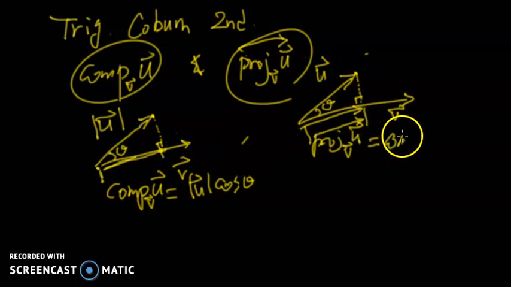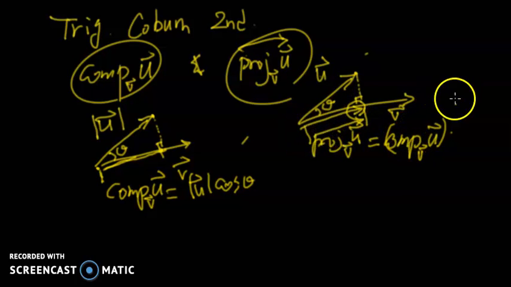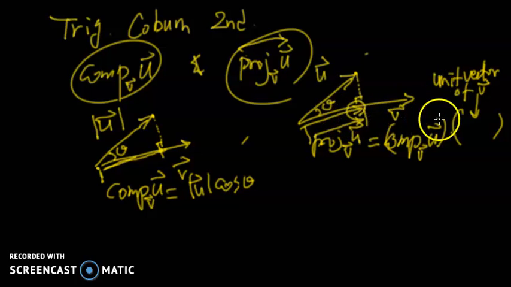So that is component of U vector along V vector, this scalar, times how can you give this projection vector the direction of V vector direction, and the size make a 1. So basically you multiply by unit vector of V vector. So what is that? V vector divided by length of V vector.